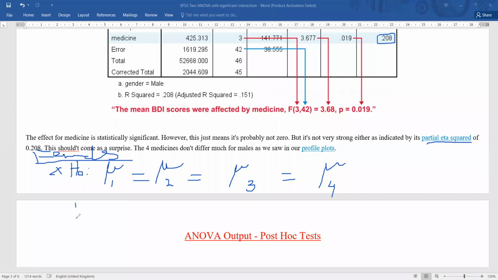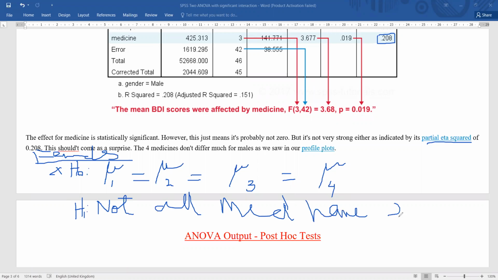Now H1 is true. H1 is what? H1 is that not all medicines have an equal effect on depression.